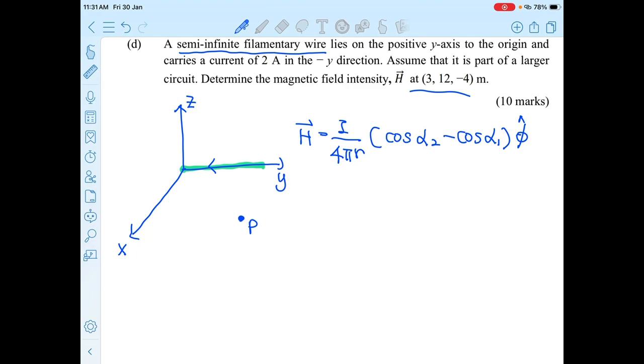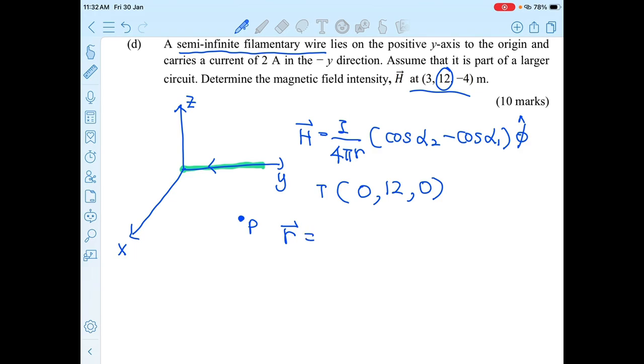I is given, you need to find r, but before that you need to define what your point T is. Point T will be along the y axis, so x is 0 and z is also 0, while y follows your observation point, which is 12.